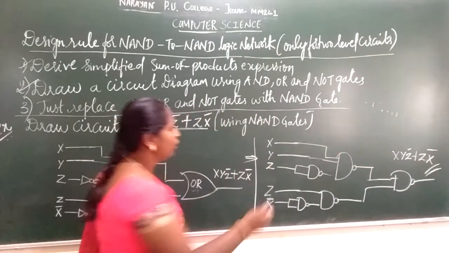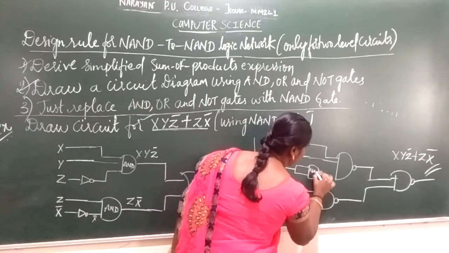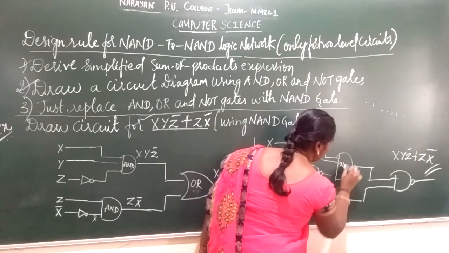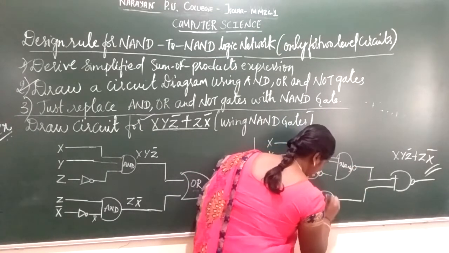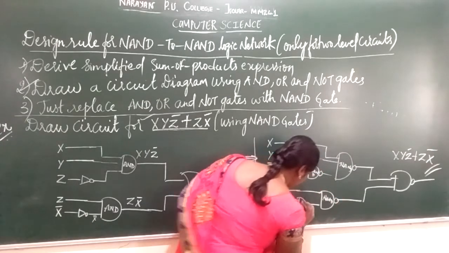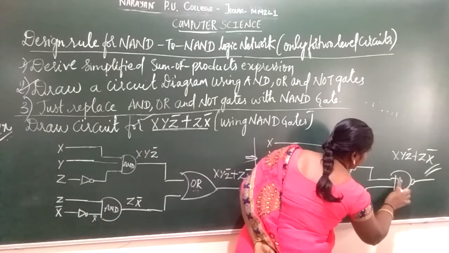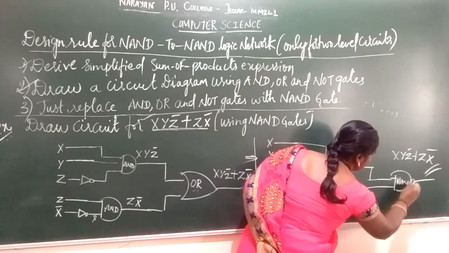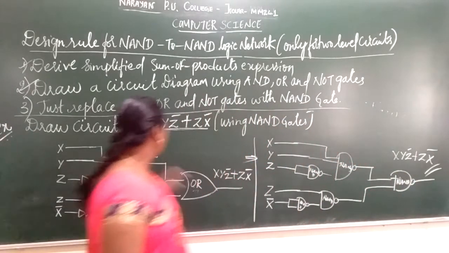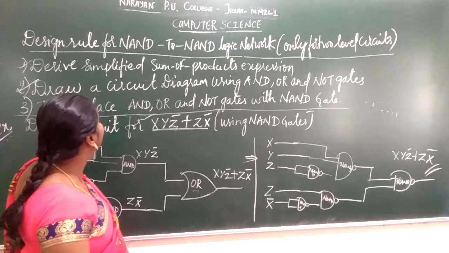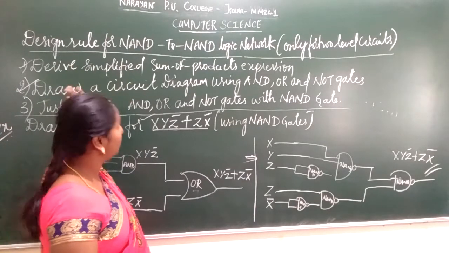So this is how you replace your basic gates with NAND gates. These are all NAND gates. So this is the rule which has been applied for a NAND to NAND logic circuit.